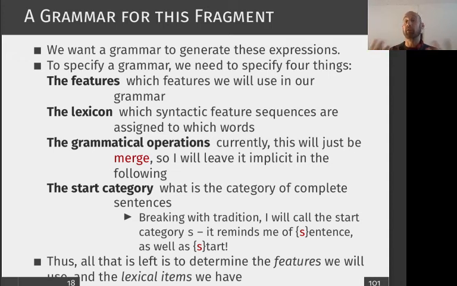Okay, and those are going to be the complete expressions of a particular category. And I'm going to call this category S for start or sentences. Often it's CP, right? Or maybe TP, depending on your choices. But here I'm going to call it S because it reminds me of sentence or start.